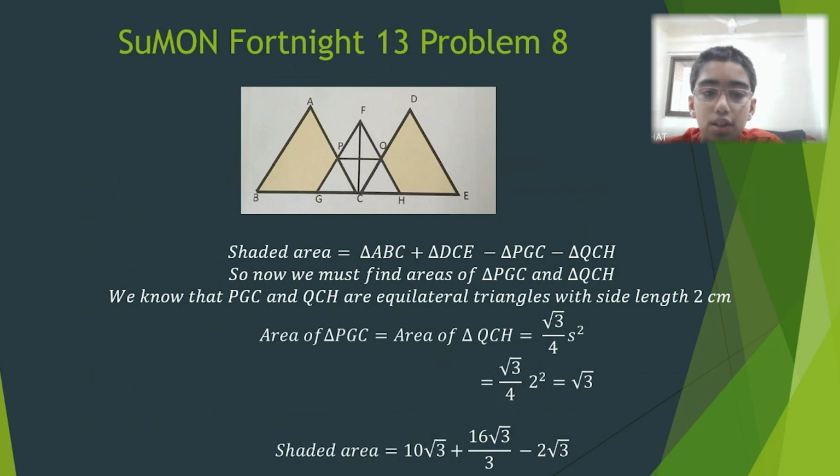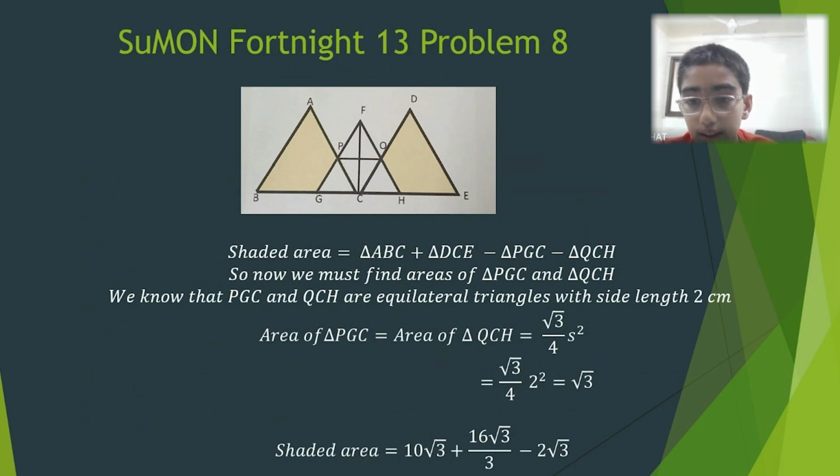So now we must find the areas of these smaller triangles, triangle PGC and QCH. We know that triangle PGC and QCH are equilateral triangles, and both of them have side length 2 centimeters. So the area of triangle PGC will be equal to the area of triangle QCH, which will be equal to √3 by 4 side square.